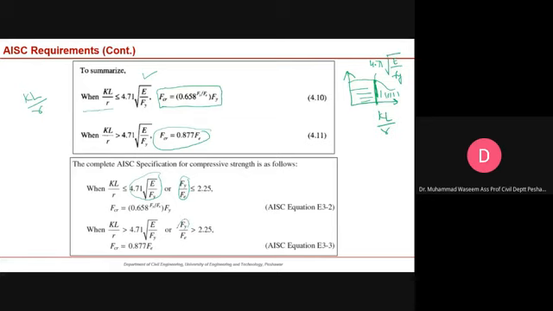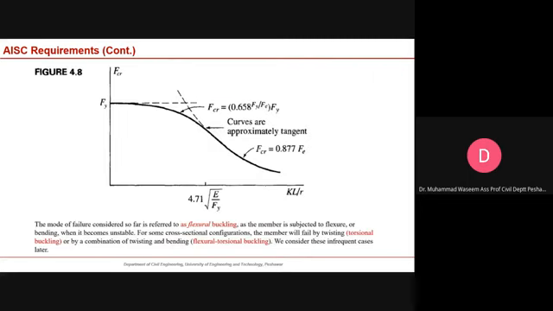If you cannot remember all of this, you can just calculate the material Fy divided by the elastic critical stress Fe, and for this you can use the Euler formulation if I remember correctly. Yes, Fe equals pi squared E over (KL by r) squared. So we will see how we can estimate the Fe value.